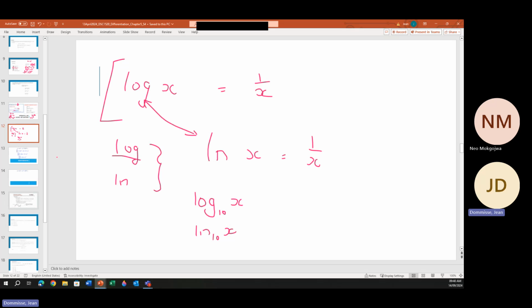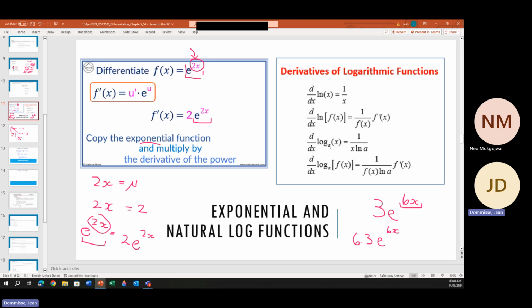So it might at a stage be that they bring in this a, which means it is not your traditional 10. I will show you in an example or two how we do that, but be careful.